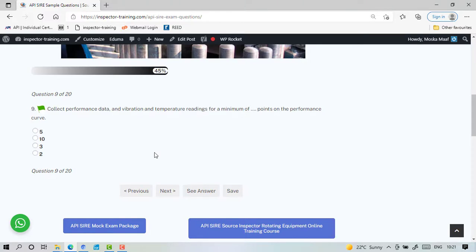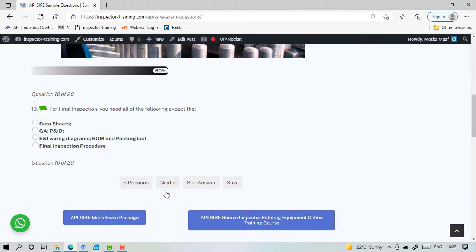Collect performance data and vibration and temperature readings for a minimum of 5 points on the performance curve. That's the beginning, the end, and then 3 points in the middle, including the maximum efficiency point. For final inspection, you need all of the following except the final inspection procedure.